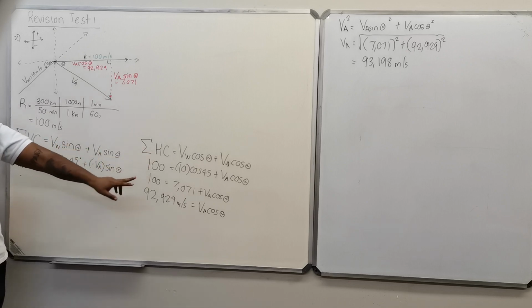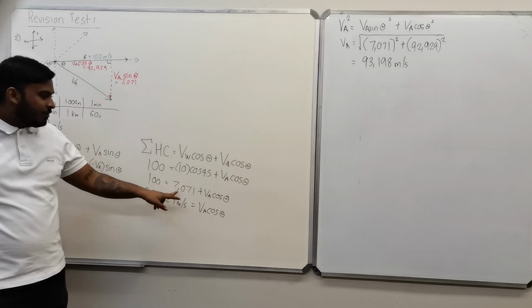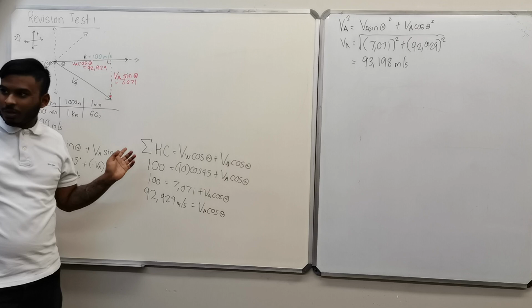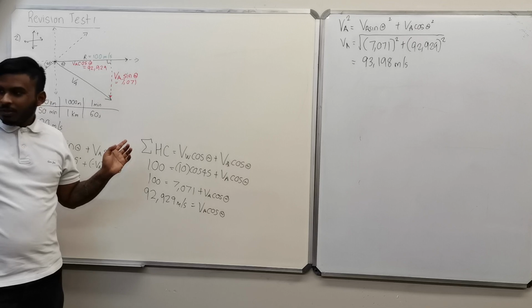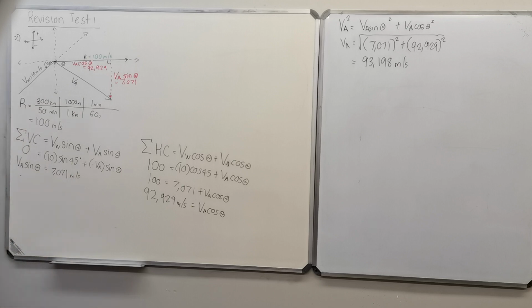When this number comes out here, you're going to end up with 100 minus 7.071 because you took that across. So at no point would it be negative. But you're going to square it. If you square it, it's fine, it still comes out right.